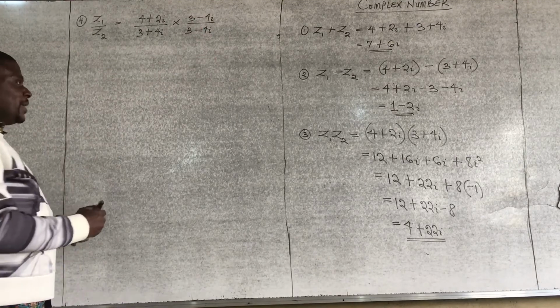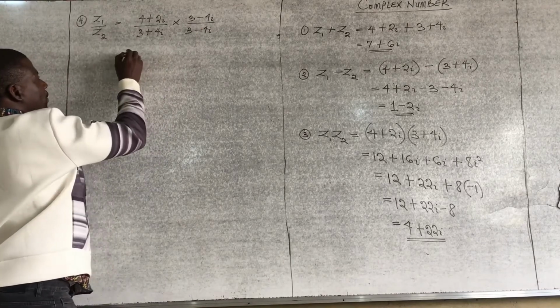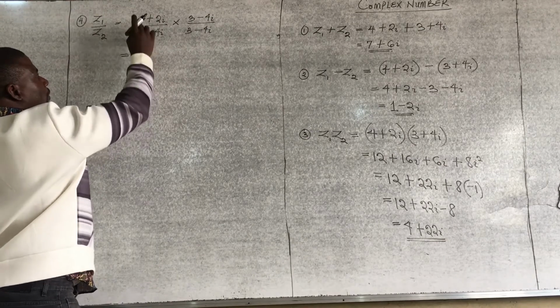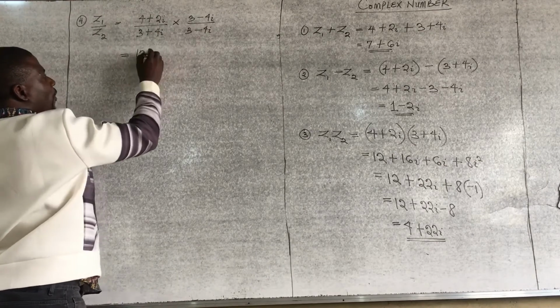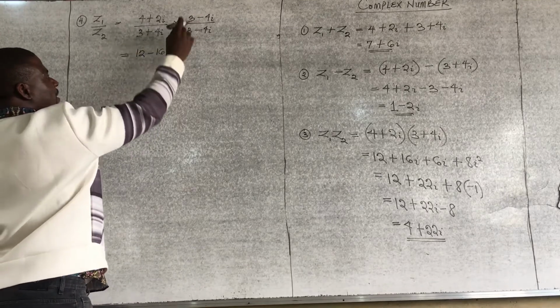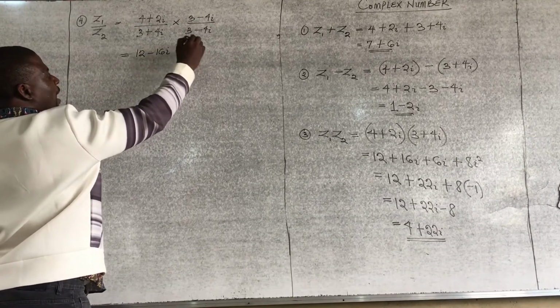So here now I can multiply. I'm going to have 4 times 3, that is 12. 4 times minus 4i, minus 16i. Then 2i times 3, plus 6i.